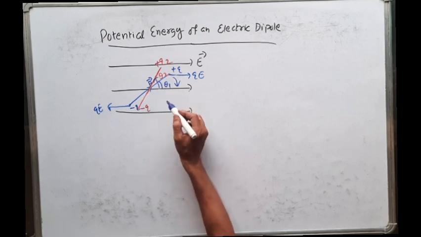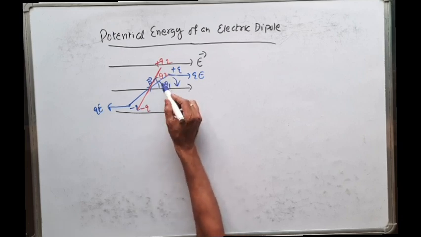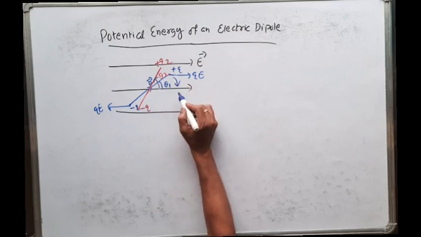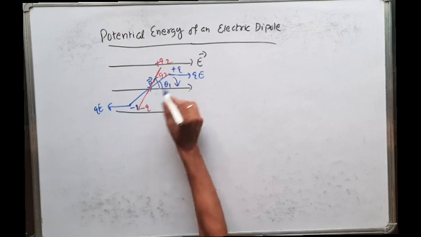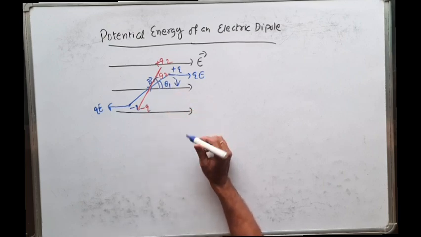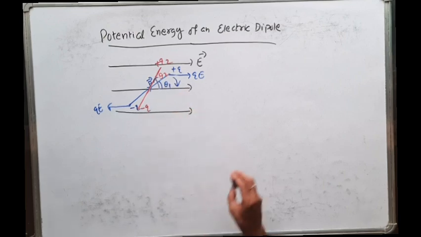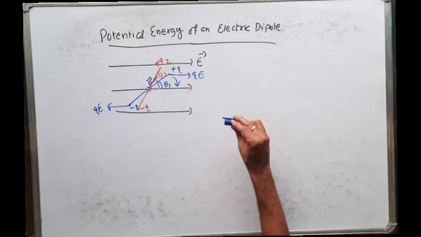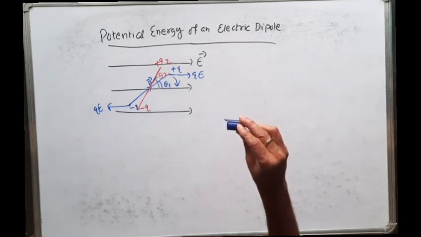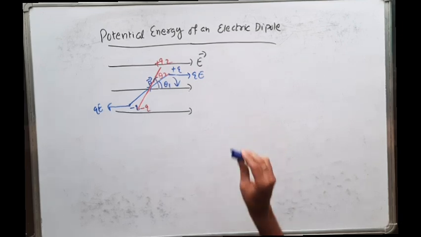So when you are rotating the dipole against the torque, the amount of work done will be stored in the dipole in the form of potential energy. In mechanics, suppose this is a body lying on the ground. I want to raise this body to a certain height, against which force? Against gravitational force.